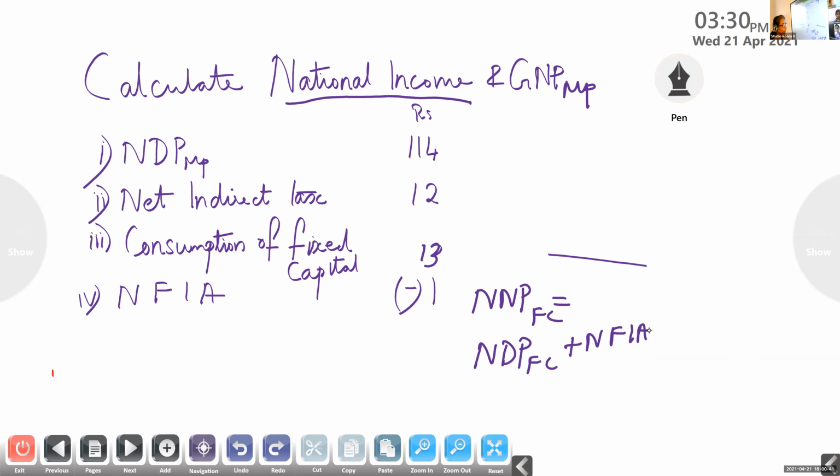This is the formula, right? Now, NDPFC, from where we will get? That is given in the first slot of formula. There they have given NDPMP. So, in this you can get how to find out NDPFC.